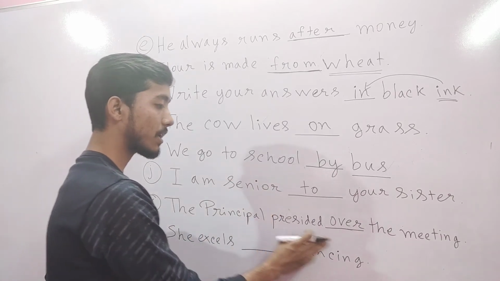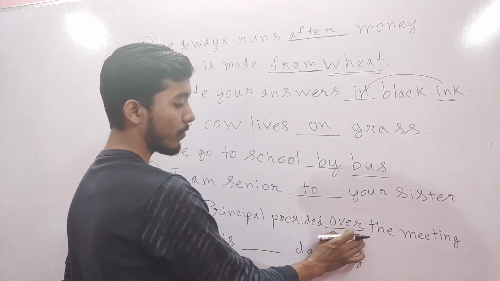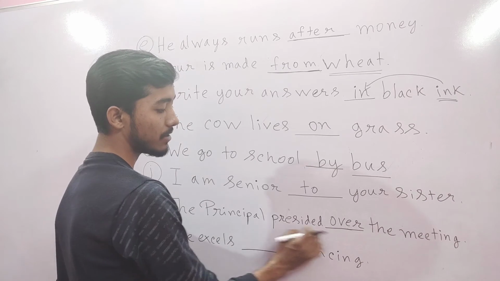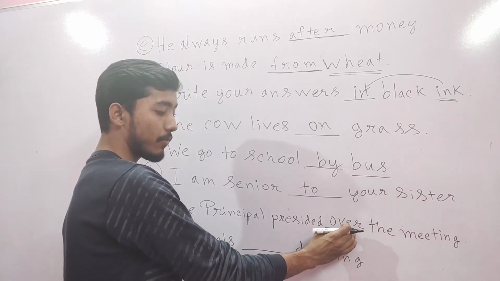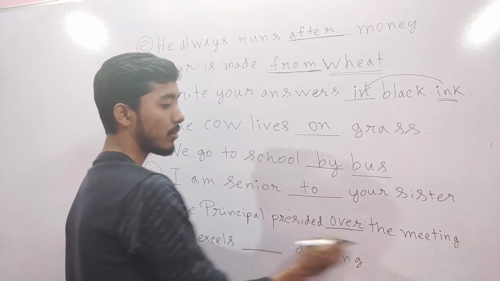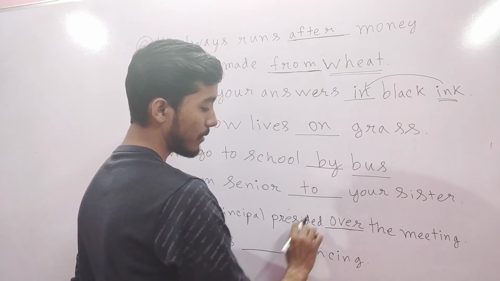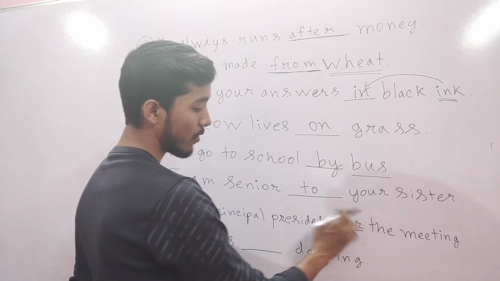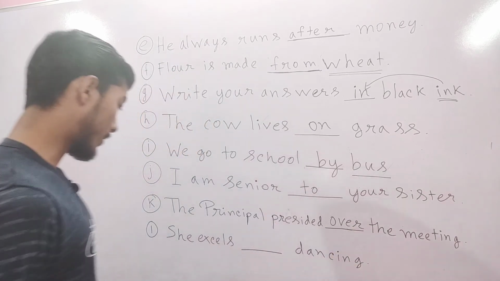Whenever we are talking about a meeting, it is presided over. So whenever we get the word presided, always remember to write over. Or even if you forget this, whenever we are talking about a meeting, it will be presided over. So the answer will be over.